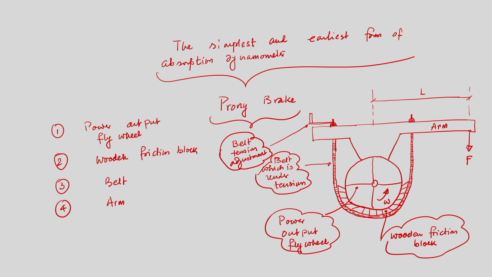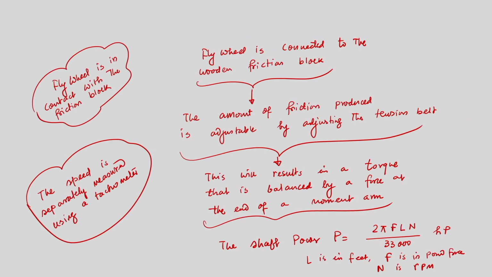That means, by tuning the knob of this tension adjustment part, we can create tension in the belt. We are trying to keep the wooden block in contact with the flywheel, and that is how we have seen that we will have torque, which will be balanced by the force acting at a moment distance.